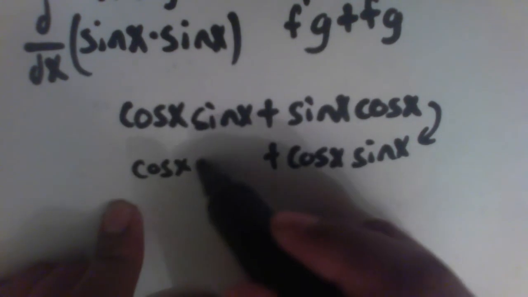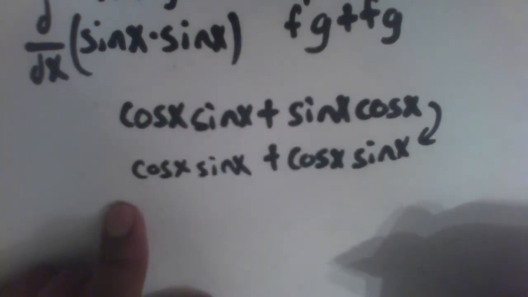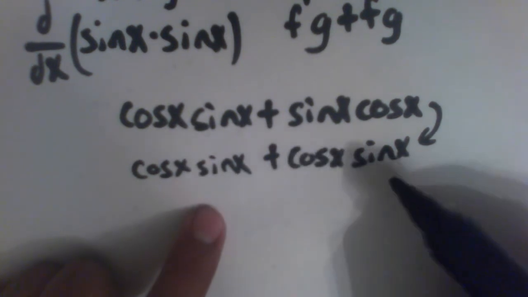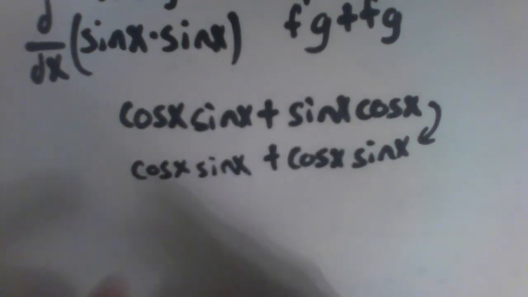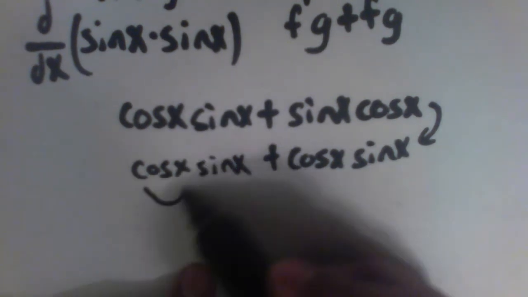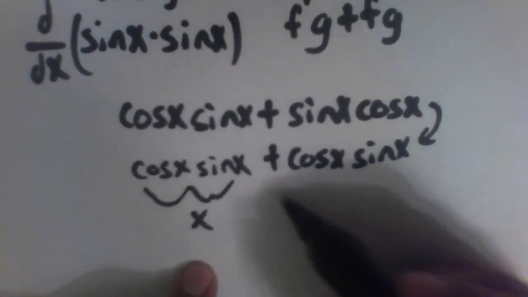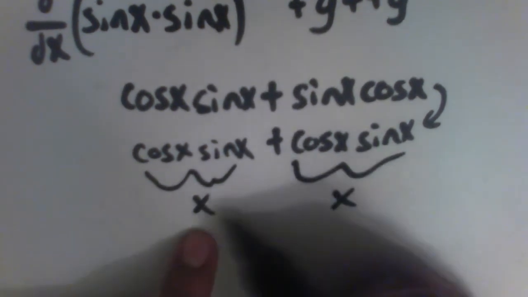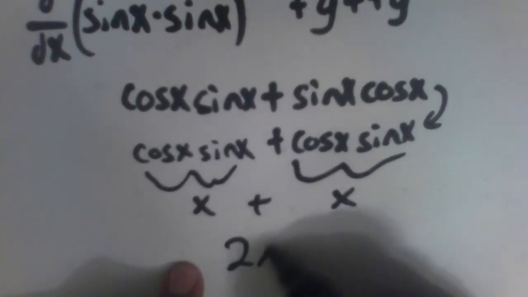Then we still have cosine of x times sine of x, so cosine of x sine of x plus itself. Let's assume that cosine of x times sine of x is some variable called, let's say, x, and so this must be x plus x, well, that's just 2x, right?